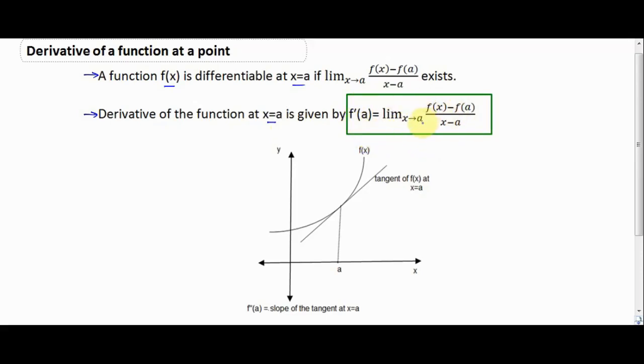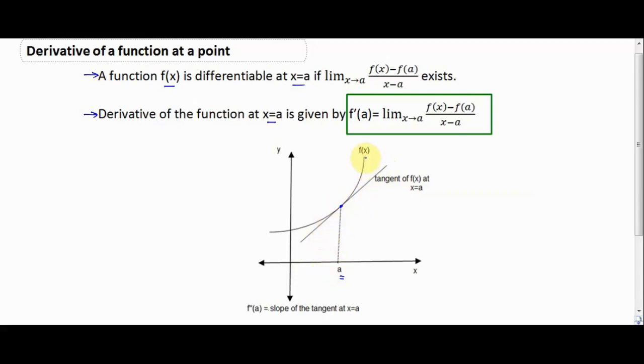Okay, now if you are plotting the function f of x in the xy plane, then the derivative of the function at the point x equal to a represents the slope of the tangent drawn at the point x equal to a.